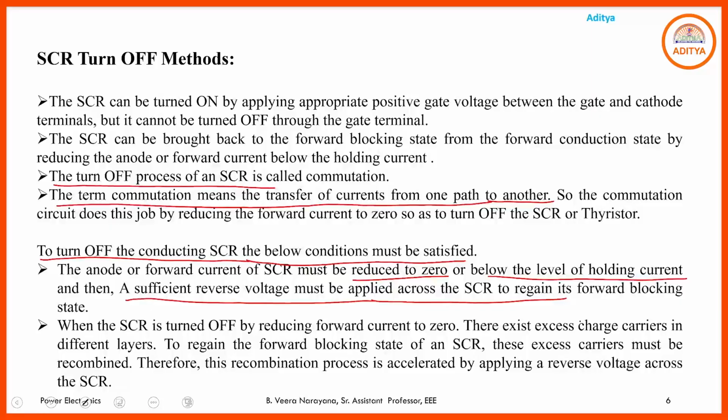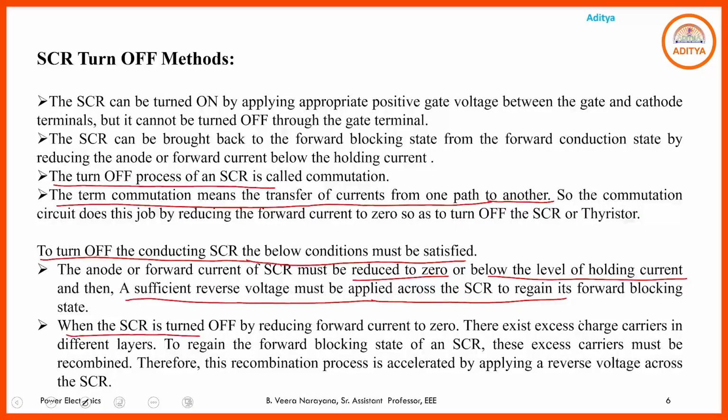To regain the blocking capability, if you provide sufficient negative voltage, then we say the SCR is continuously in the off state. Even though the first condition is satisfied, if the second condition is not satisfied, then commutation failure may take place.